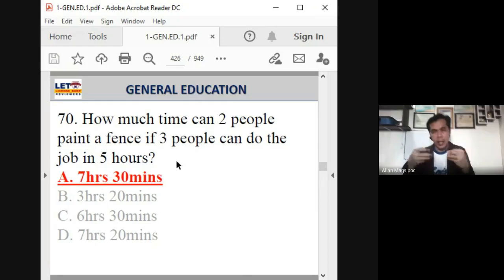If ever, yung mga numbers na yung 2, 3, 5 na yan, mag-iba in your board exam. Kasi hindi naman tayo makasiguro na yan din na question ang lalabas. What if ibang mga numbers or iba din ang problem, but we understand it's inverse proportion. Meron tayong background knowledge. Okay? Ayaw ninyo kalimutan.